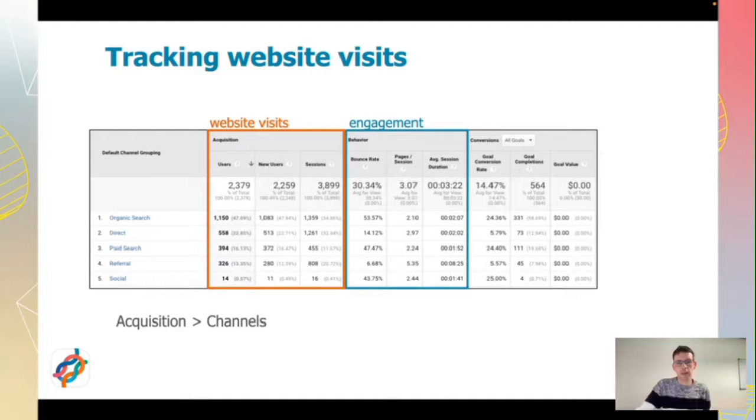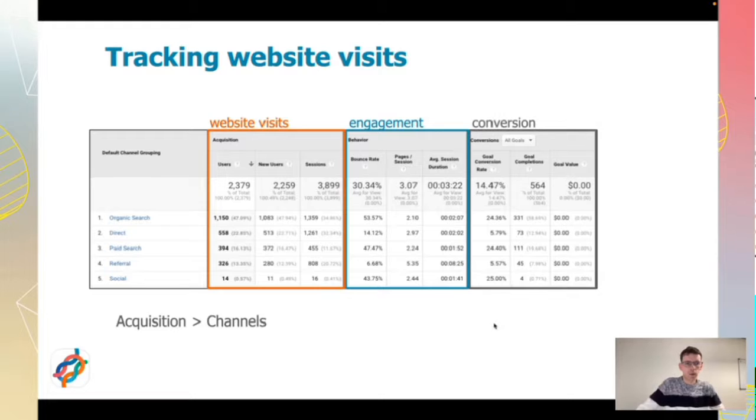So they don't visit any further pages or scroll or do anything else. And so you want this to be as low as possible, whereas you want the pages per session to be as high as possible. Also, you want the average session duration to be as long as possible. And then finally, you have here the conversion rate.